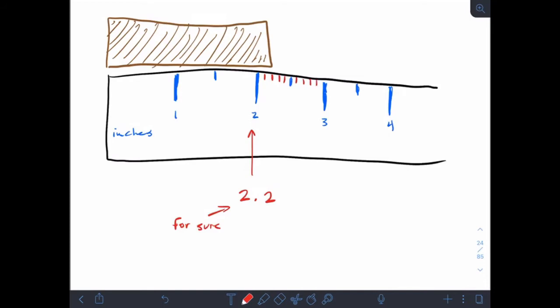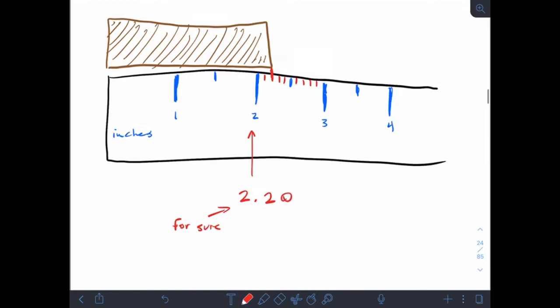Right? So now I know for sure that it's 2.2, because it looks like it's right over top of that 2.2 mark. So I know for sure it's 2.2, and then I'm going to estimate one more digit. And if it's right on there, I can say 2.20 perhaps.